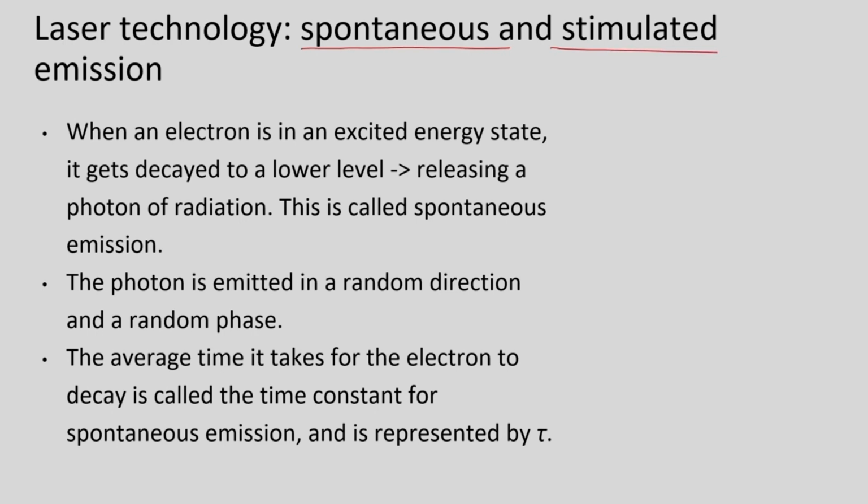When an electron is in an excited energy state, it is not stable, and from that unstable state it comes to the lower state, and during this change in state it releases certain energy in the form of a photon.